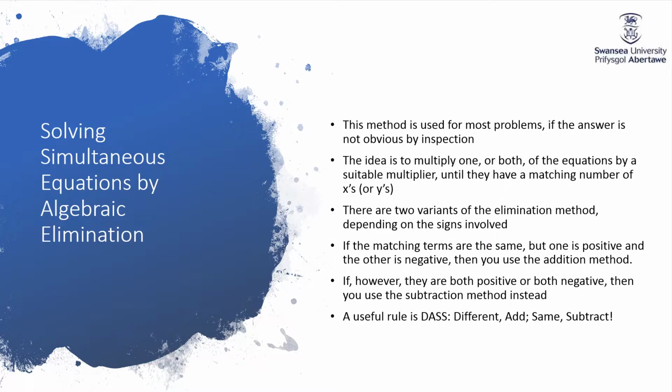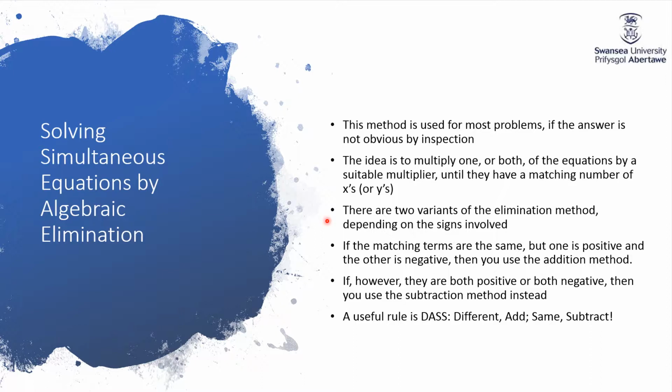Let's now move on to solving simultaneous equations by algebraic elimination. This method is used for most problems if the answer is not obvious by inspection. The idea is to multiply one or both of the equations by a suitable multiplier until we have a matching number of x's or y's.